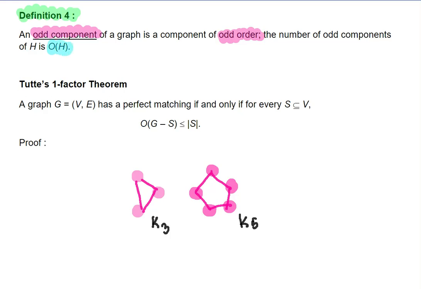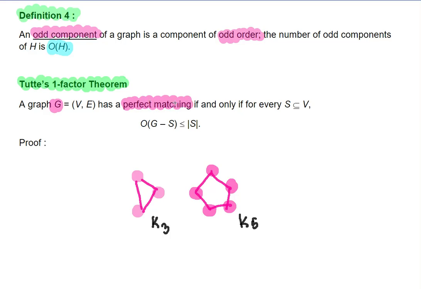And by Tutte's one factor theorem: if we have G as a graph and G consists of a set of vertices and edges, G has a perfect matching. Why do we say G has a perfect matching?